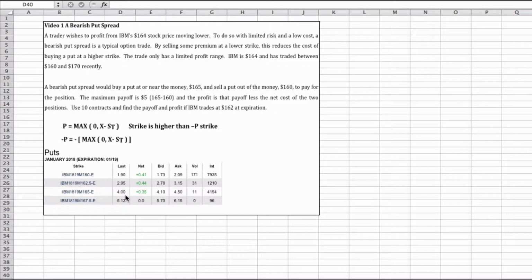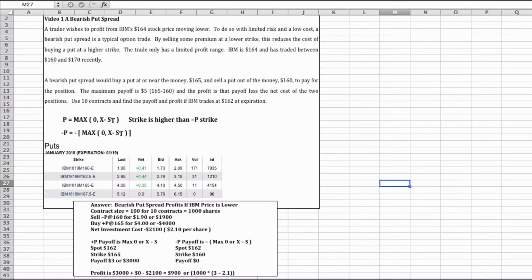So you sell a lower strike, the 160s, for 190, 1,000 shares, so $1,900. Cuts your cost of the trade in half, but again, you give up any movement below 160.